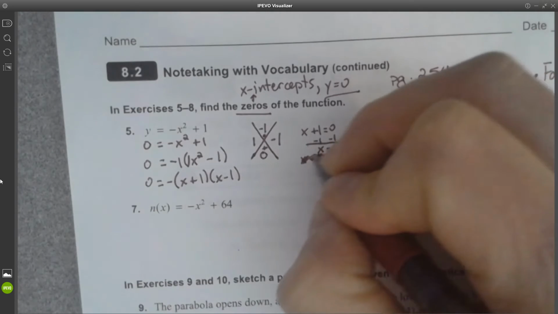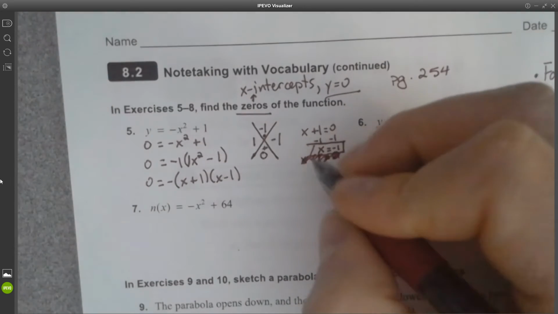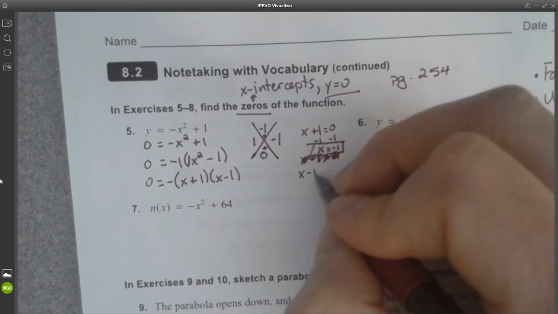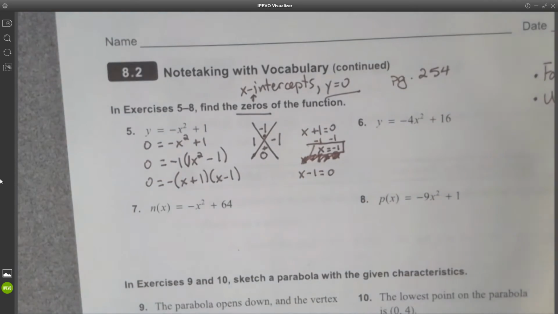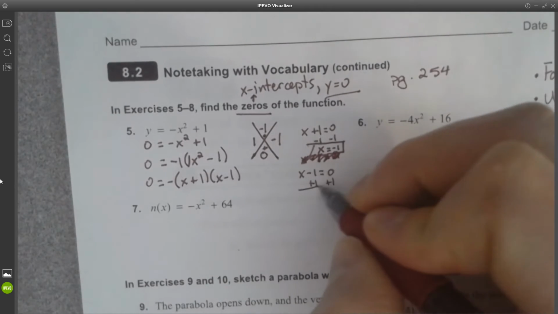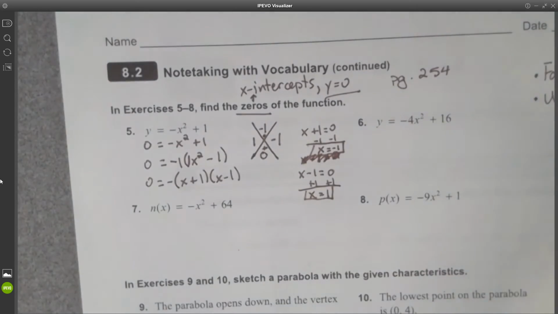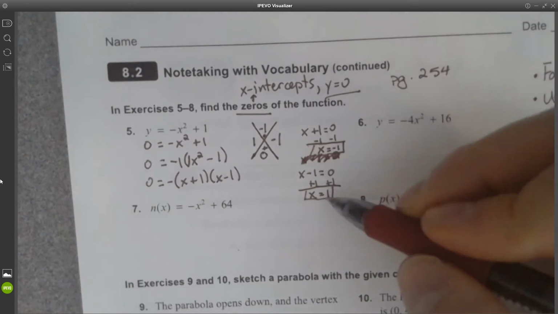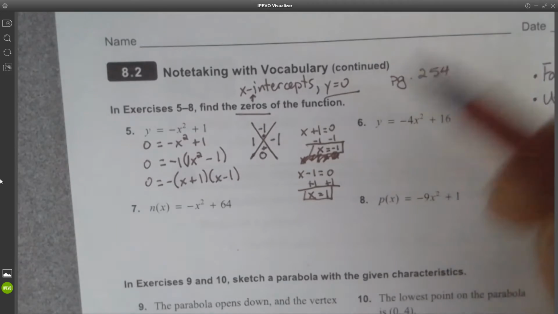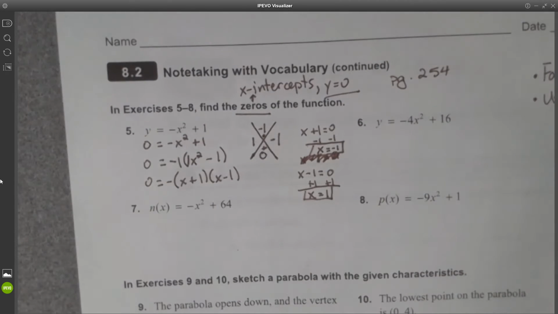There's one of my two zeros or solutions. My other equation would be x minus 1 equals 0, and I would add 1 to both sides and end up with x equals positive 1. There's my two zeros. That means this graph crosses the x-axis at 1 and negative 1.